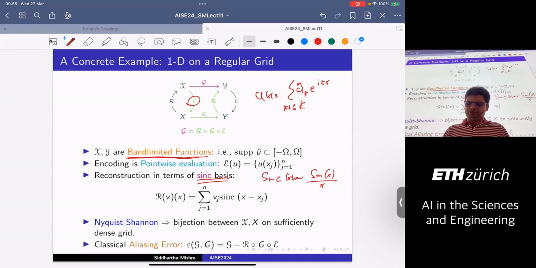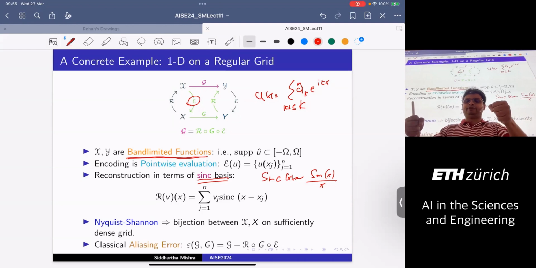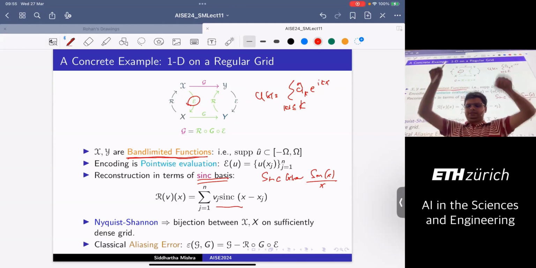And the point is that, so these v_j are my, so the continuous is the function, the discrete is given by point values. And once I have the point values of a function, then all that I do is I can use the sinc to go back to the function. Okay, so in this case, there is a nice match between the continuous and discrete.